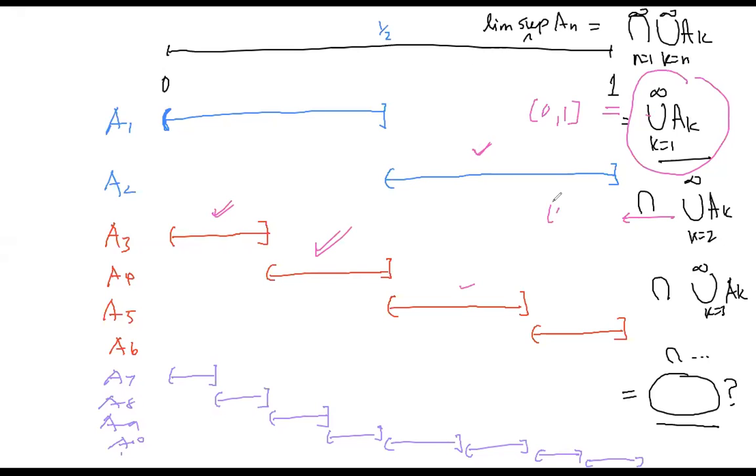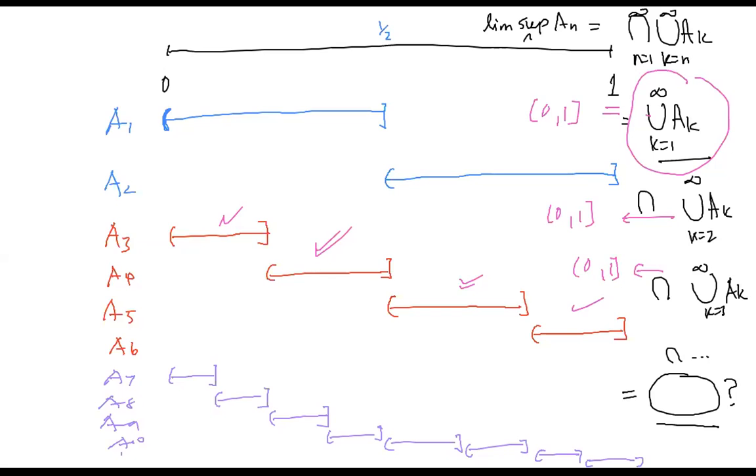So again, this is 0, 1. Then you look at 3. If you start from 3, you don't have this. So you're starting from 3, 4, 5, 6, and so on. While 3, 4, 5, 6, you take the union, they already become 0, 1.